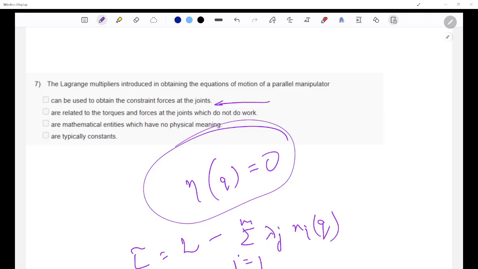The multipliers lambda correspond directly to constraint forces, thus they can be used to compute internal forces in links, reaction forces, joint forces, and constraint forces, all of them. This is very useful in mechanical design, right? So this is correct. They are related to torques and forces at the joints which do not work. Constraint forces do not perform work. That is true.